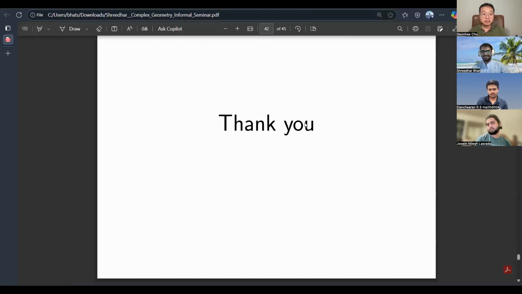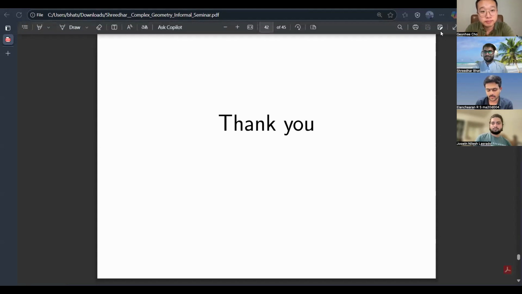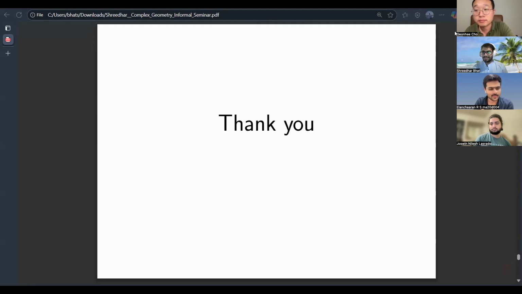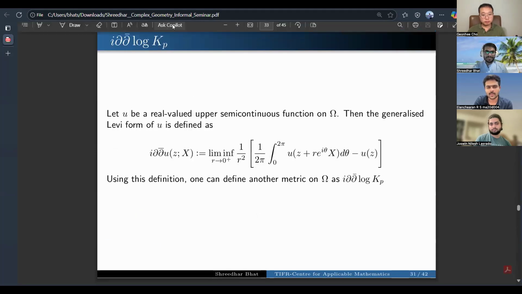Any other questions or comments? Thanks for a really nice lecture. Towards the end I couldn't listen, I had a long night, but something that caught my eye is the transformation formula. I think Gunni can relate to it when you have a biholomorphism.